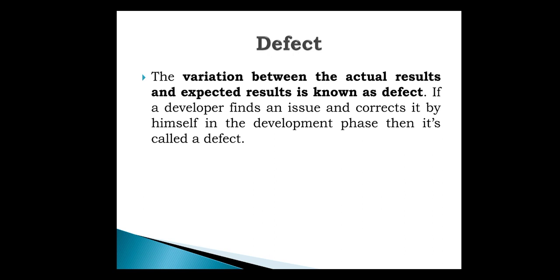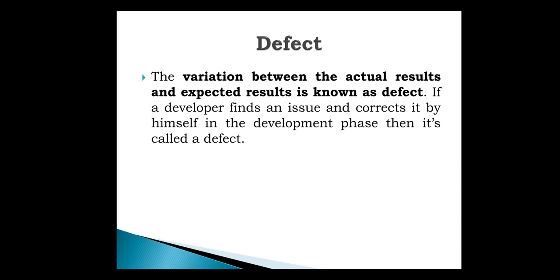On what basis are we going to test it? We test the application on the basis of customer requirements. According to the customer requirements we prepare the expected result, meaning what the customer wants. We mention what the expected result of that piece of code or line of code is.